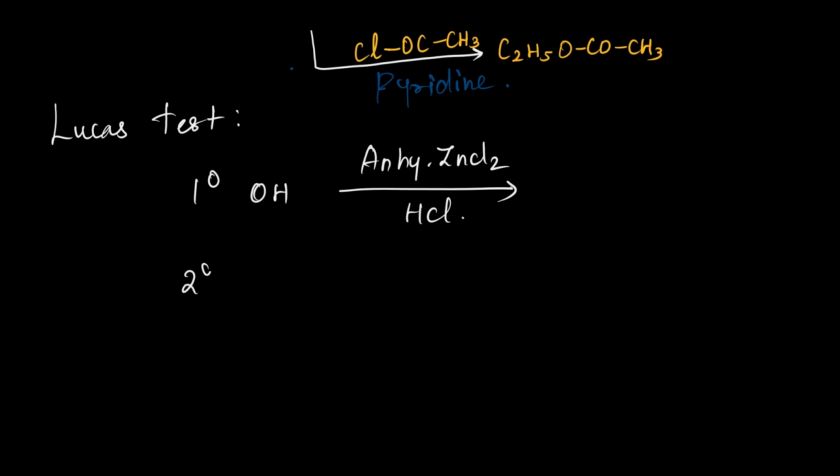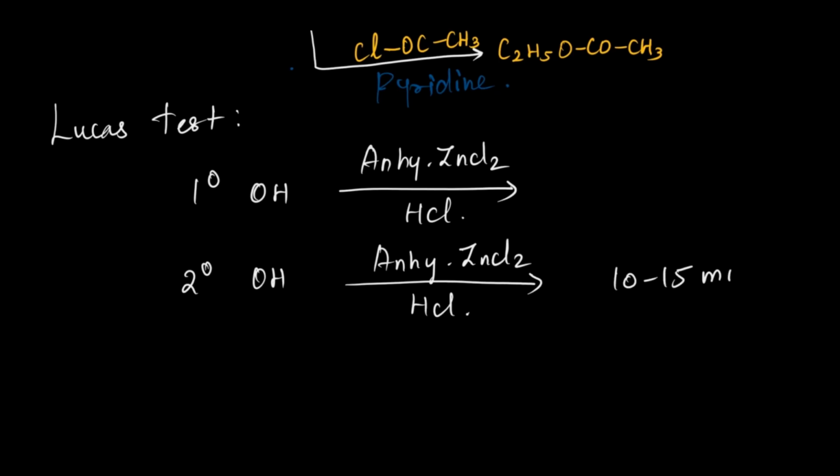But in case of secondary alcohol, the same Lucas reagent will react in 10 to 15 minutes. After 10 to 15 minutes, it shows turbidity. That means the reaction is slow with secondary alcohol. But in case of tertiary alcohol, it will show immediate turbidity.